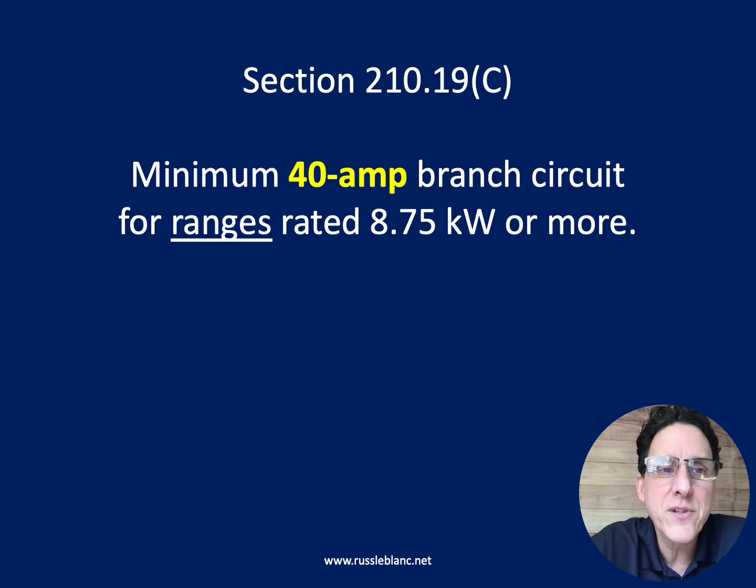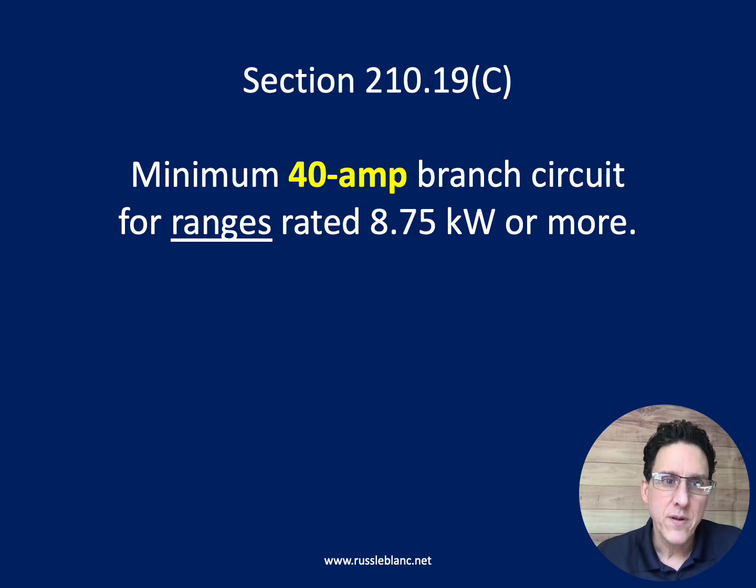That establishes for ranges, just for ranges, a minimum branch circuit of 40 amps for ranges 8.75 kW and more. So that's the smallest, regardless of your load calculation, right?